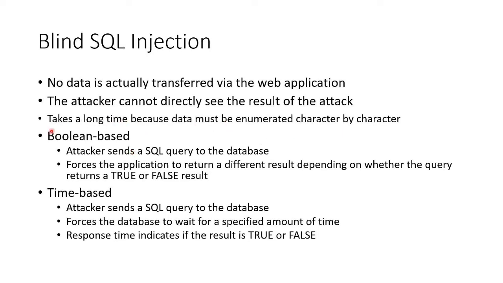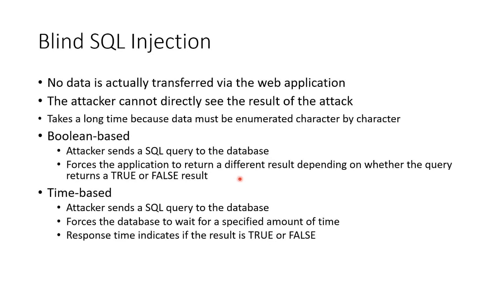So here's the first blind SQL injection, a Boolean-based attack. We send a SQL query to the database. We force the application to return a different result depending on whether the query is true or false. So if it's true, it gives us one type of result. If it's false, it gives us another. Looking at the type of result, which is not what we originally asked for, doesn't matter because that tells us true or false.